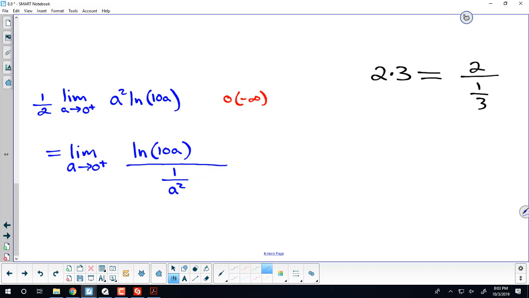What happens when we evaluate the limit as we approach 0 from the right? ln is approaching what as its argument approaches 0 from the right? Negative infinity. And 1 over a squared approaches what? It's 1 over a smaller and smaller number, so the fraction gets larger and larger. That's something L'Hopital's applies to. It's infinity over infinity.